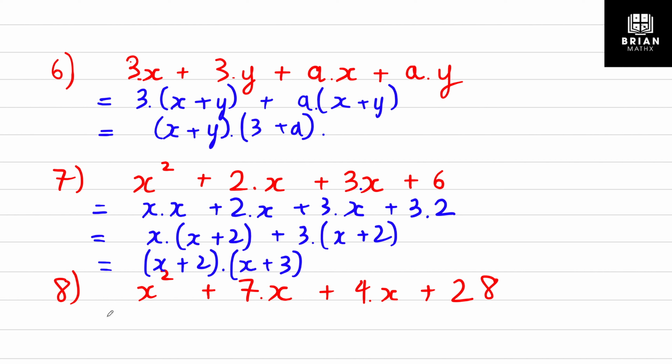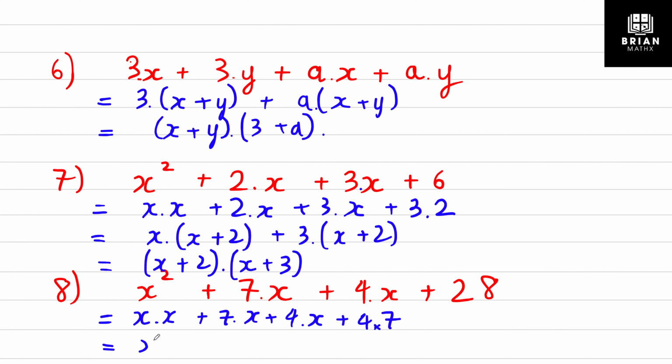Okay, and in the same way for question 8, I will write it down like this. X squared is x multiply x, and in this one 7 multiply x, 4 multiply x, and 28 I will separate, or factorize, as 4 multiply 7.